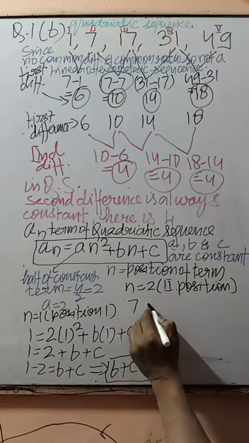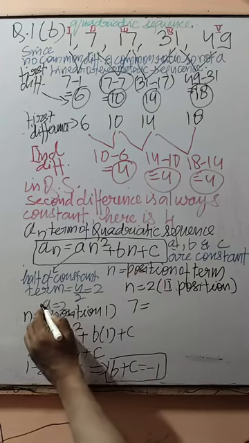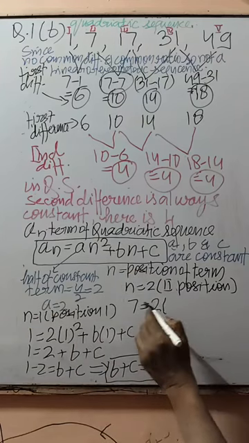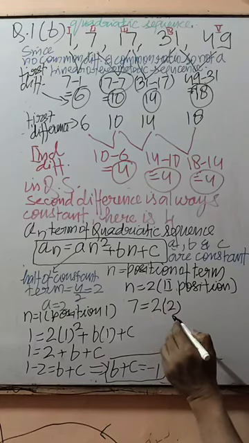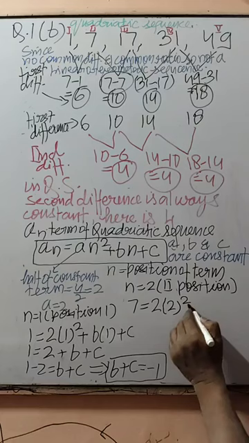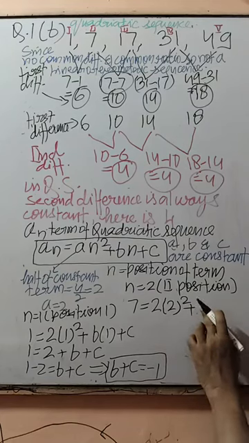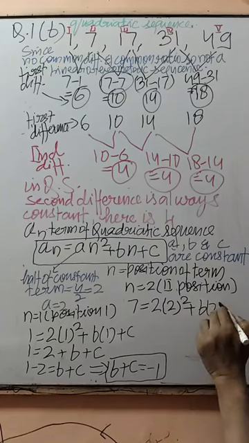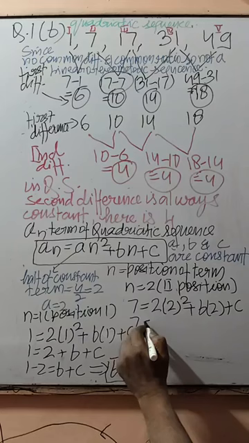So 7 is equal to A, which we know is 2, into the second position, so n is equal to 2, so it is 2 squared, plus B into 2 plus C.